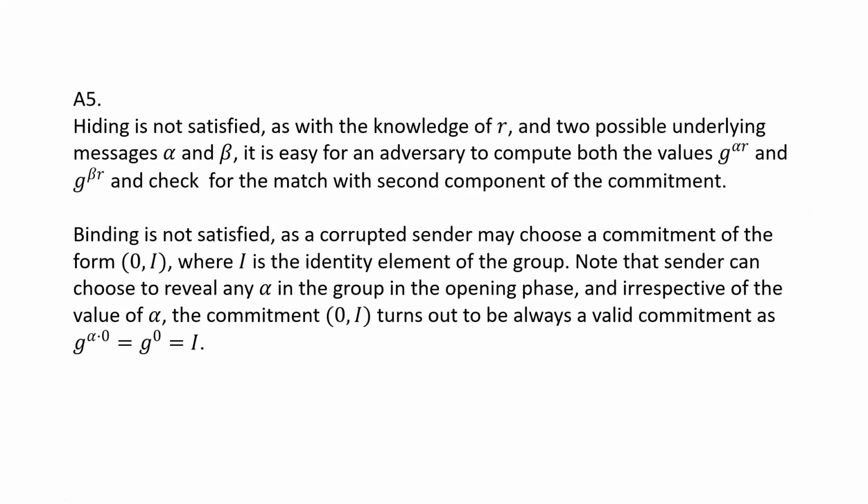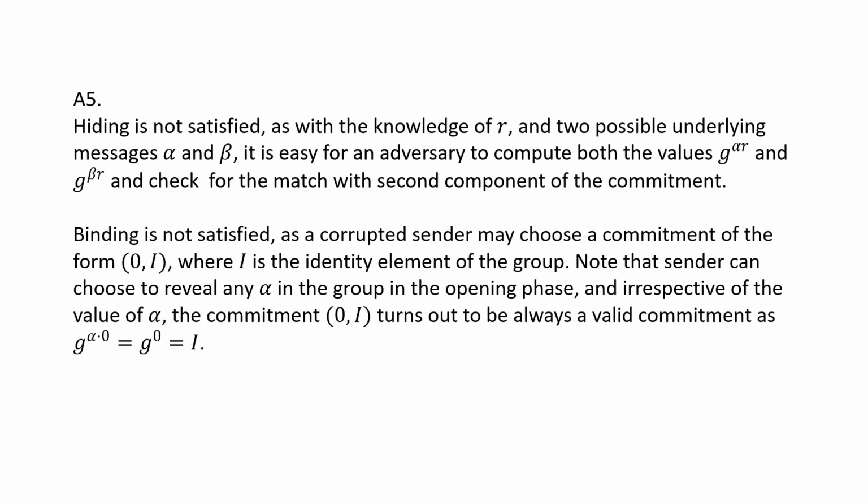Here hiding is not satisfied because we are actually revealing the value r also as part of the commitment value. So both r and g^(alpha r) are provided as the commitment value to the receiver.